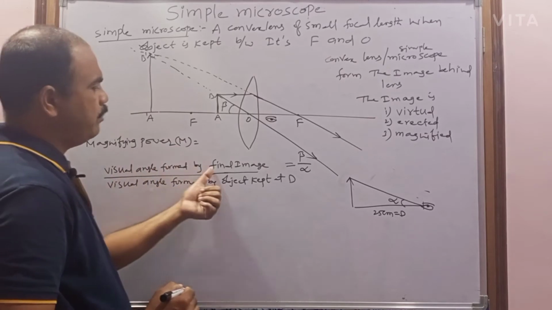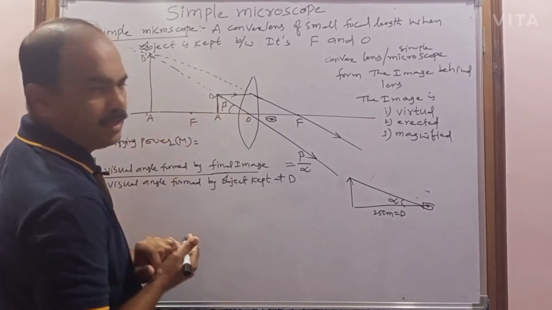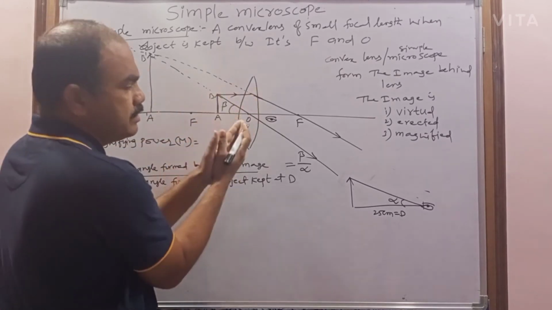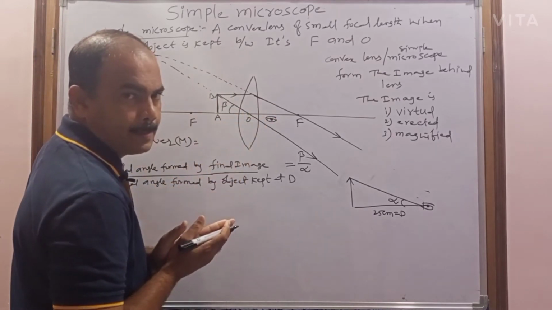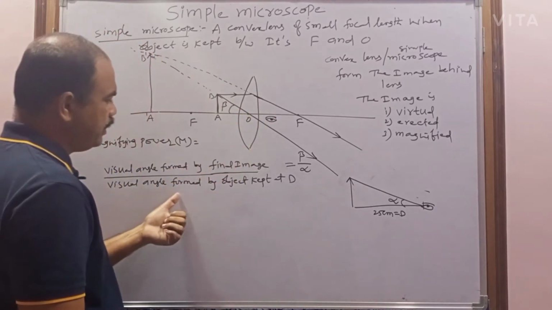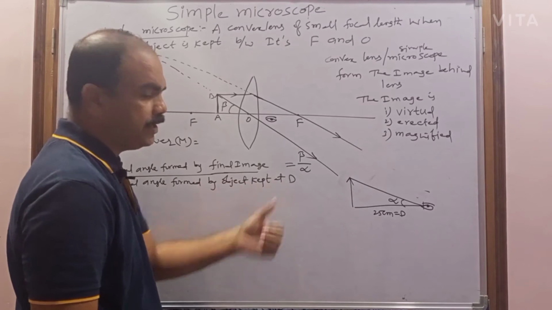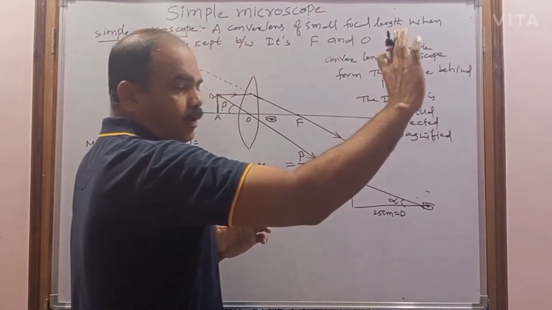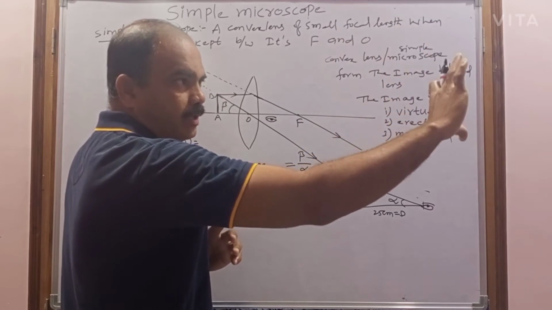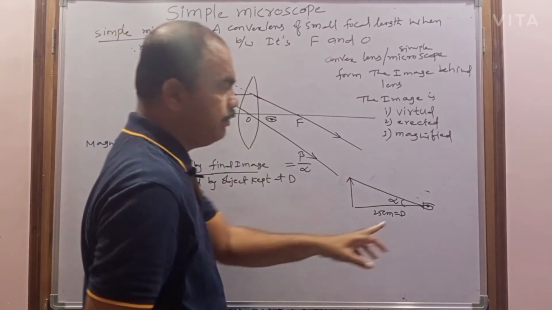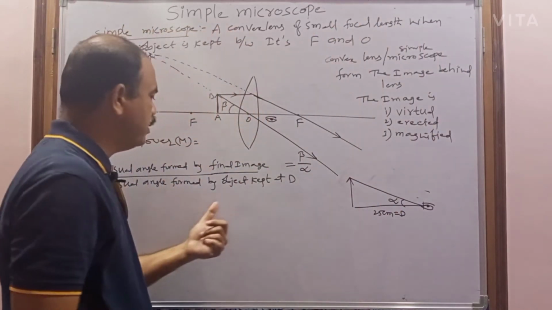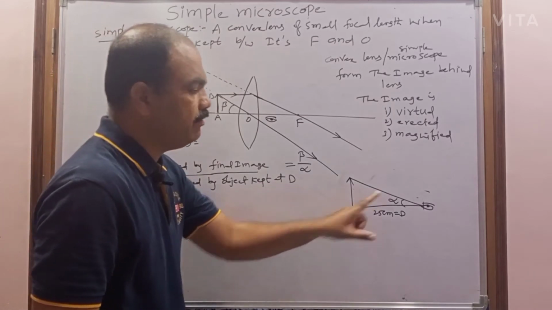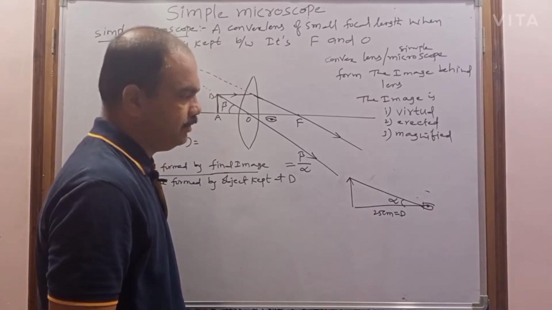The visual angle formed by the final image at our eye, divided by the visual angle formed by the object kept at D, which is alpha.